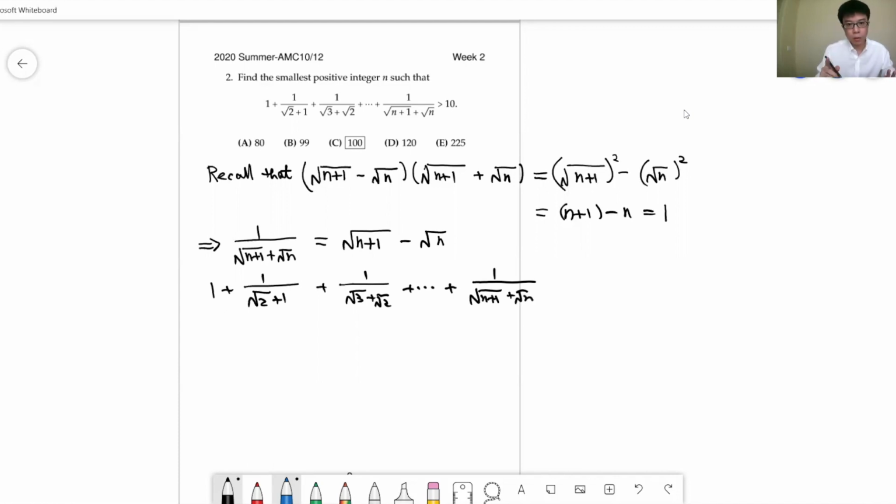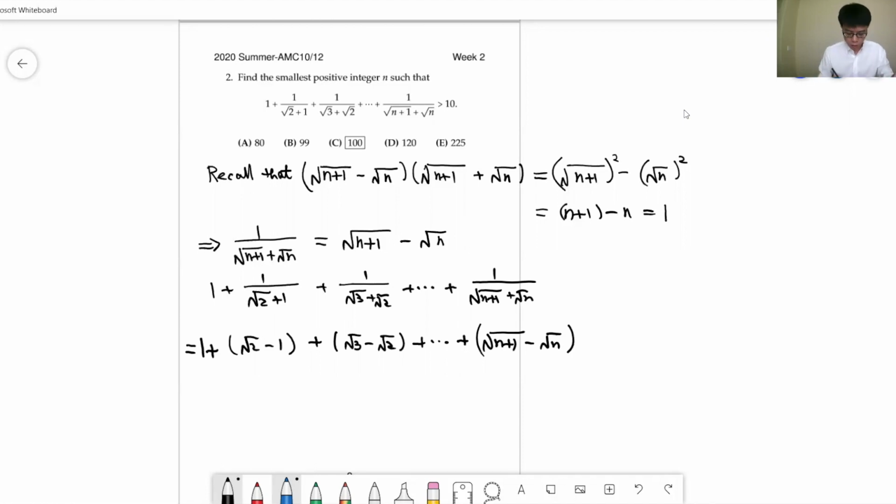We apply the equation to each of these terms. So this is 1 plus, this is root 2 minus 1, this is root 3 minus root 2, plus root n plus 1 minus root n.